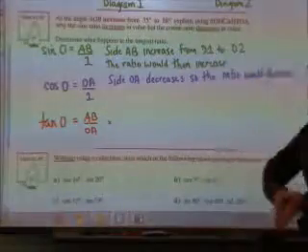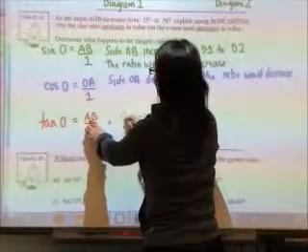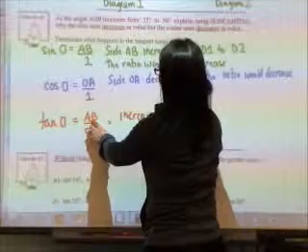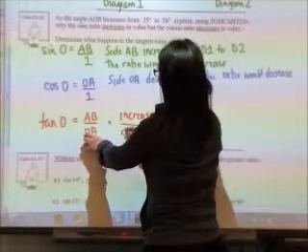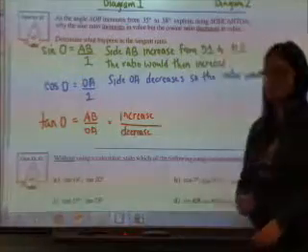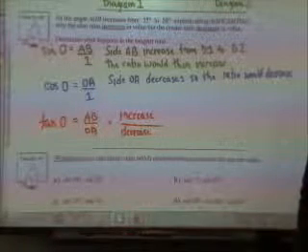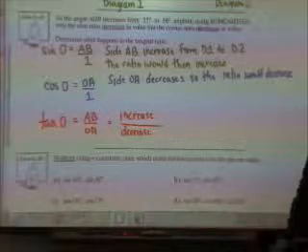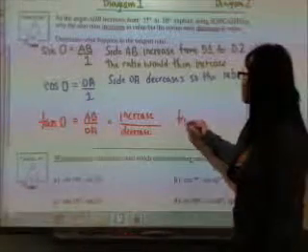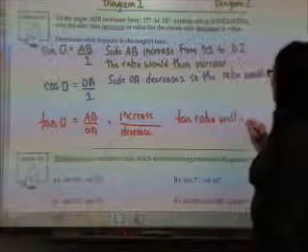Now, as my angle increases, AB is increasing, and OA is decreasing. So what's going to happen to my tangent ratio as my angle gets bigger? My tangent ratio is going to become larger. So the tangent ratio will increase.